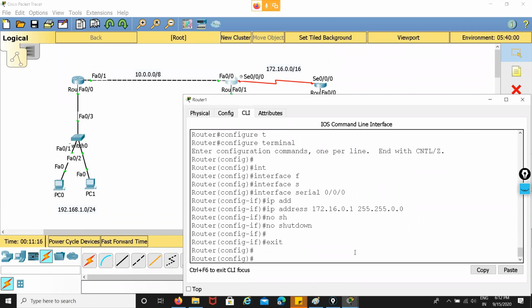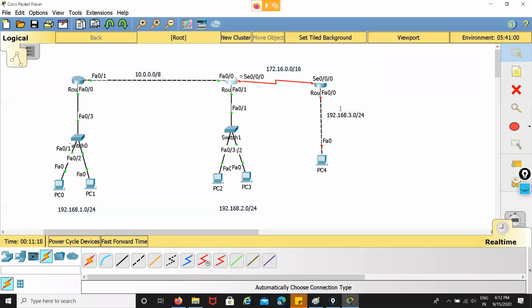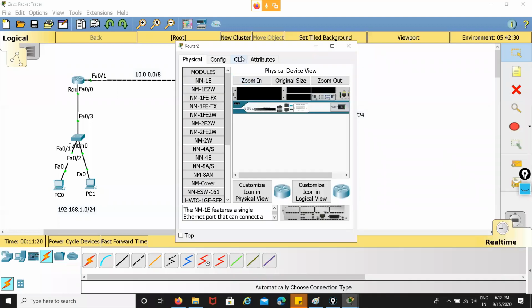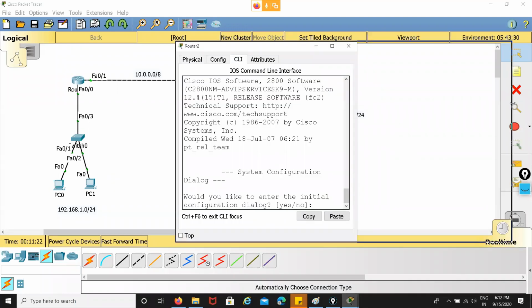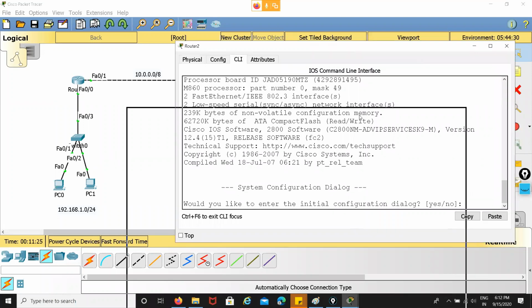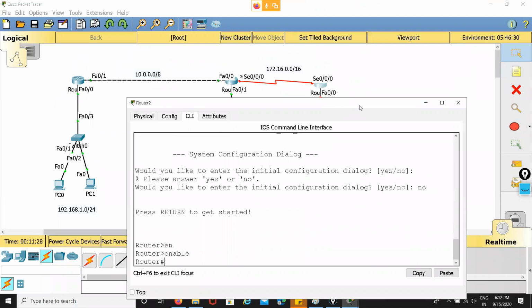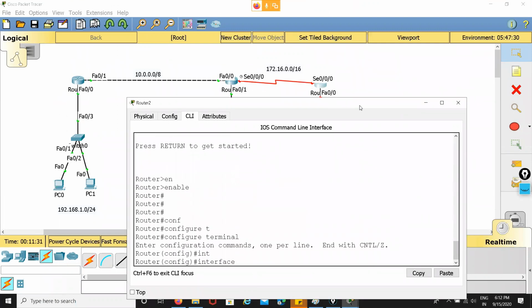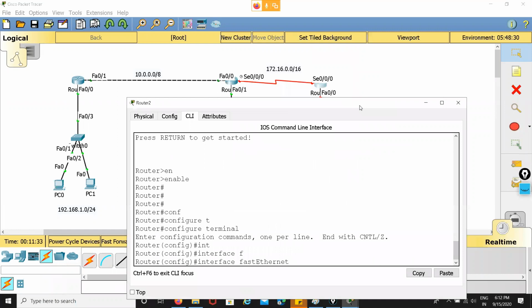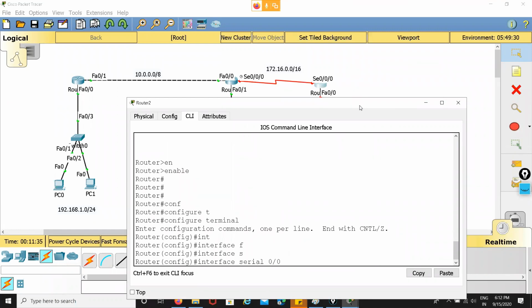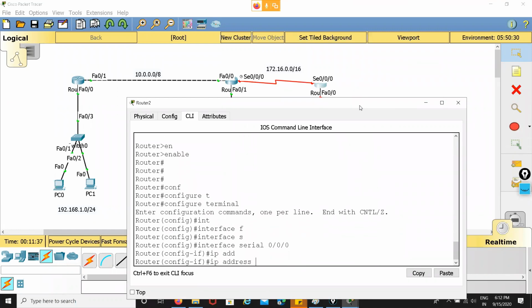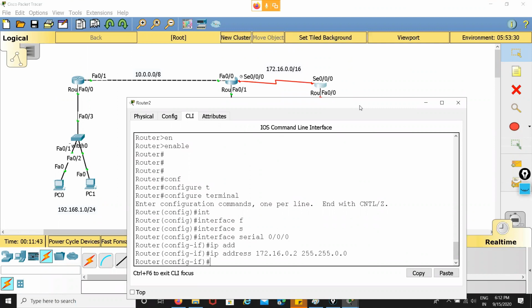And on the other router, serial 0/0/0, IP address 172.16.0.2, with mask 255.255.0.0.